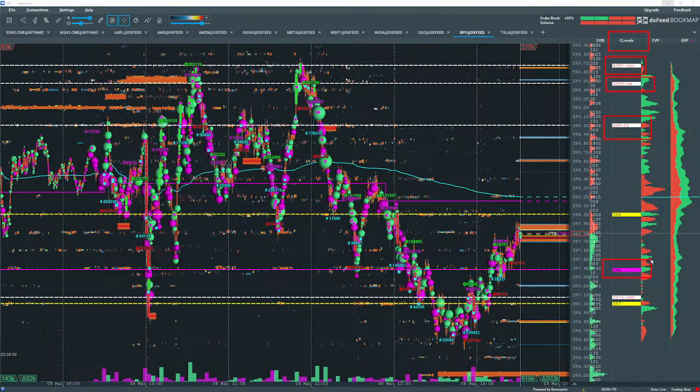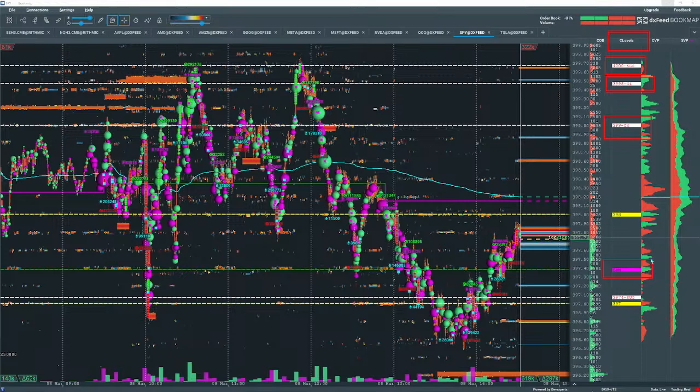And notice that SPY did breach the lower edge of the expected move for the week, which is based on the options market. Now price is moving back above that level.